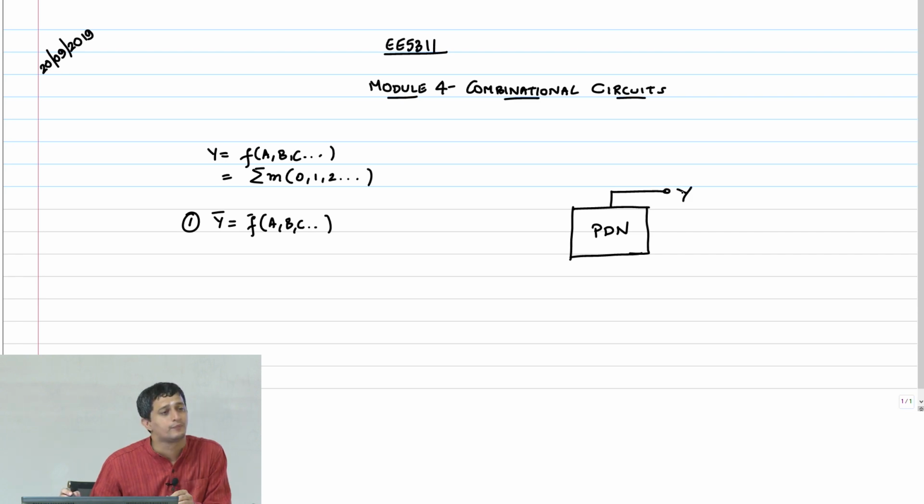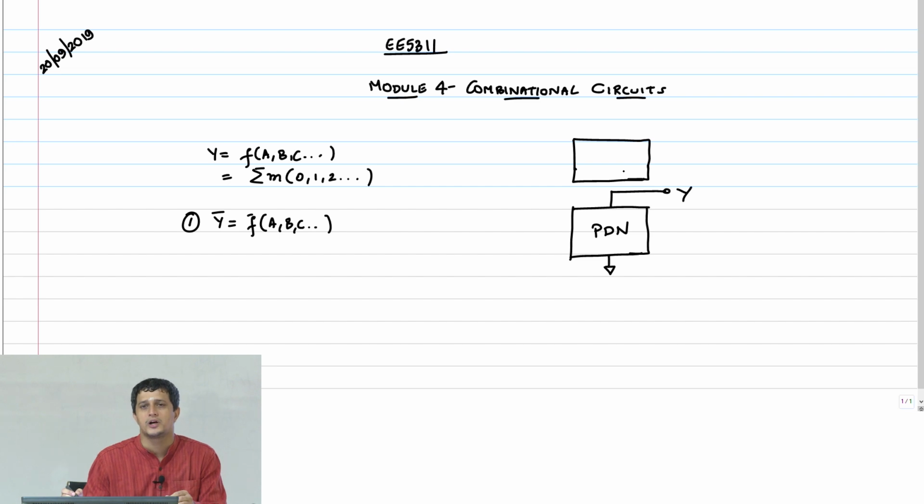The output y will be 0 for the specific combinations where the output goes to 0. Otherwise, y will be in its high impedance state in this network, right. Then you construct the dual of this. The dual is basically converting series to parallel and complementing the inputs.